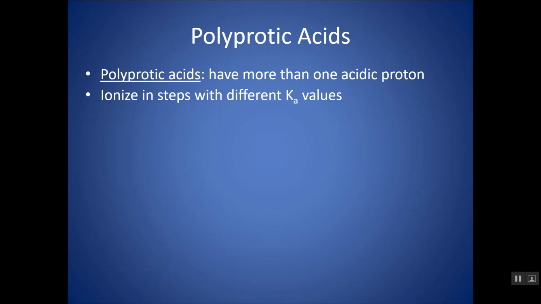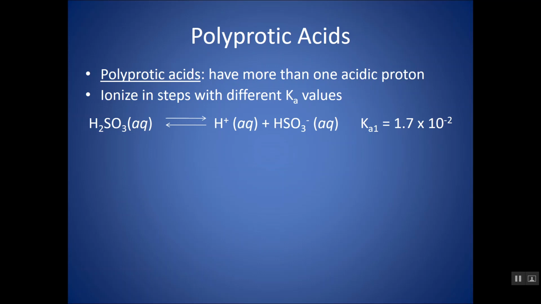So a polyprotic acid has more than one acidic proton, more than one H plus that's being lost as an ion. And these actually ionize in different steps with different Ka values. So something like H2SO3, there's two H's that can actually be lost as H plus, and it would happen in 2 steps.